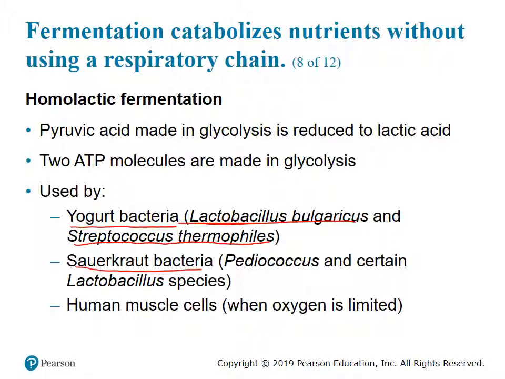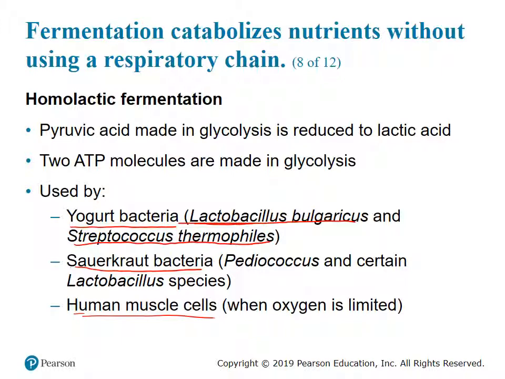Sauerkraut gets made in the same way, by lactic acid fermentation, homolactic fermentation, and even our muscle cells in the human body can undergo this as well. Muscle cells use this type of fermentation first, before they do cellular respiration.